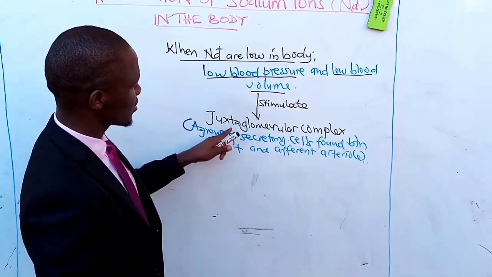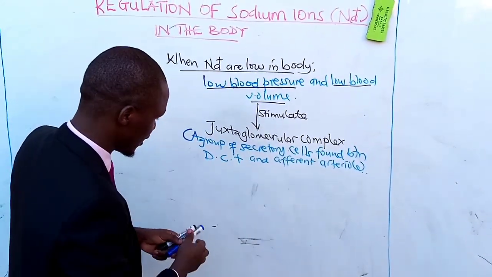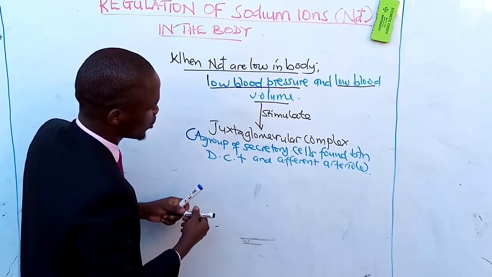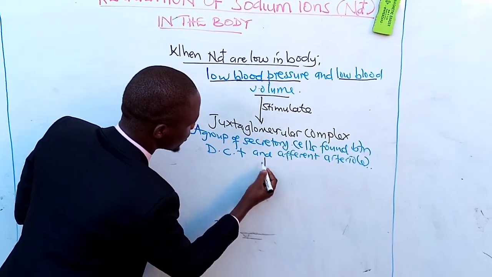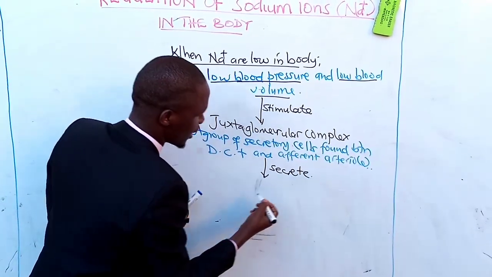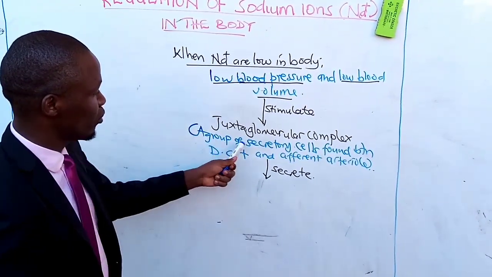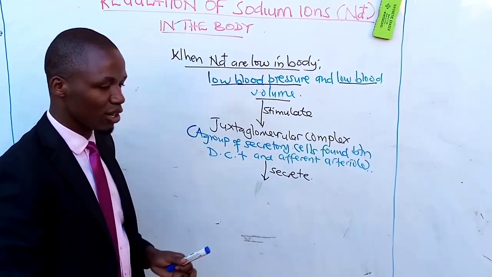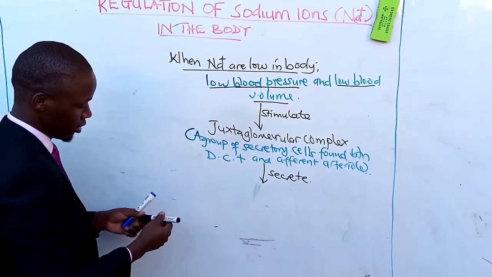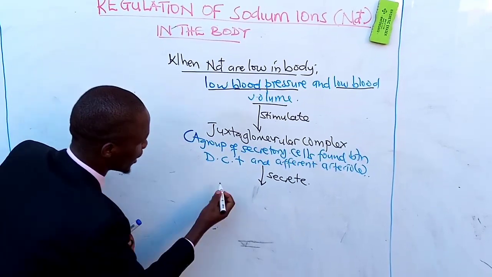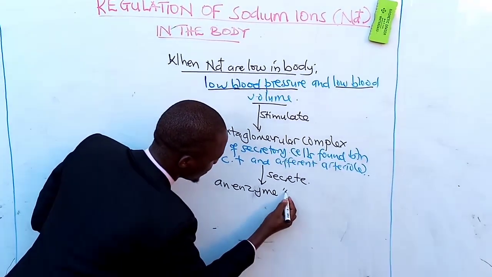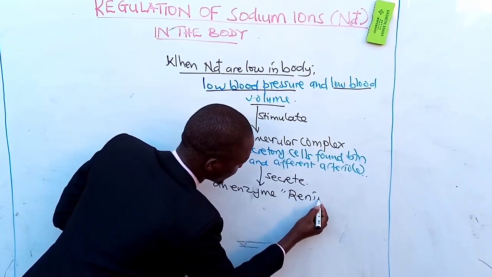So once this juxtaglomerular complex is stimulated, these cells are going to secrete an enzyme, and this enzyme is none other than renin.